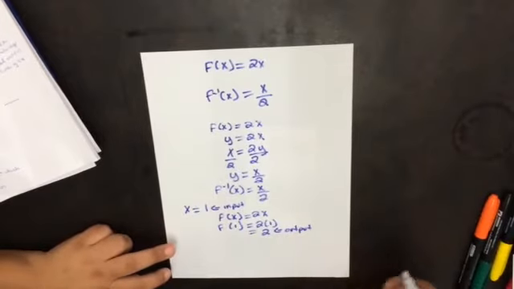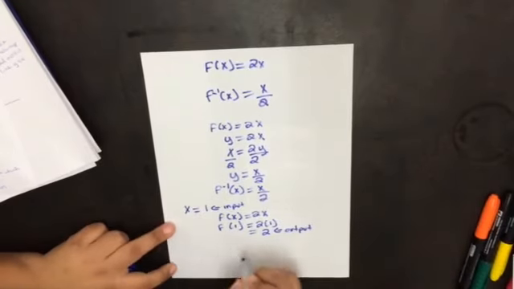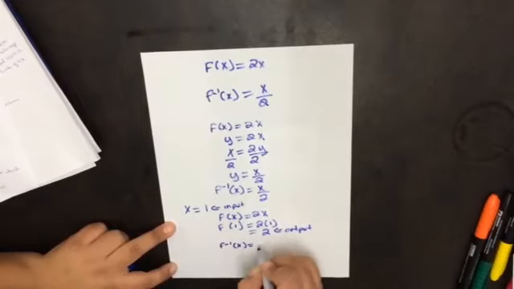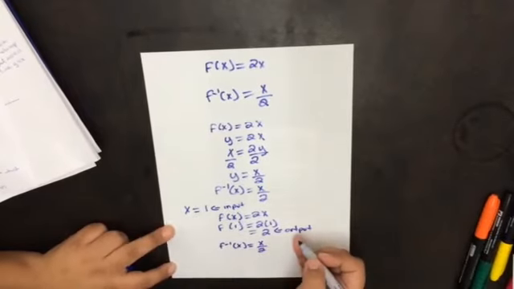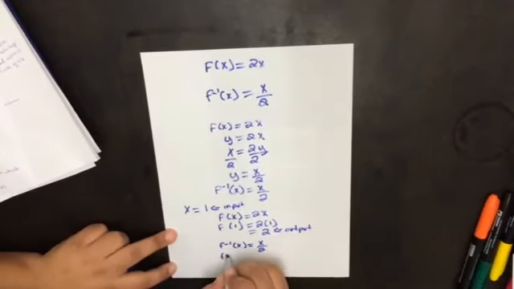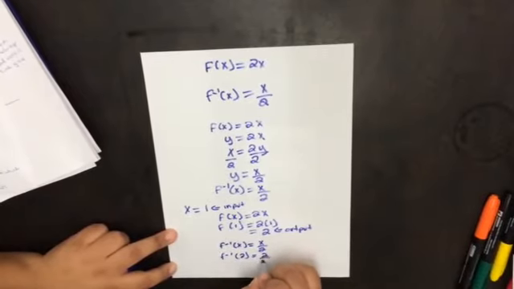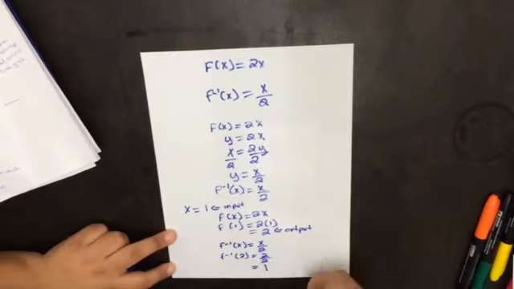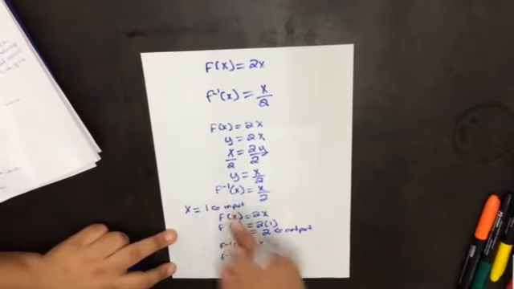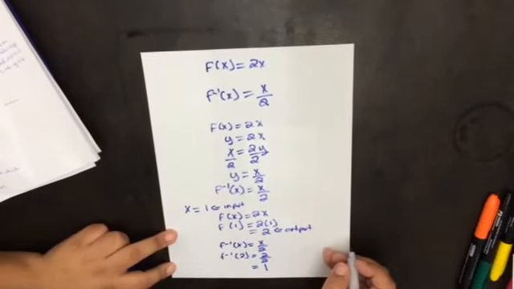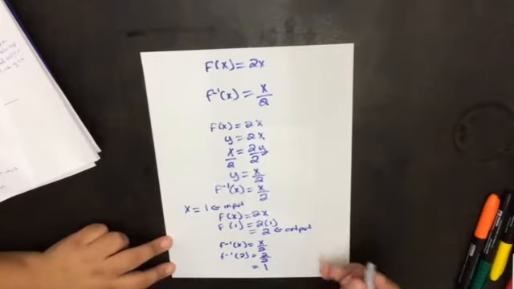So now for the inverse function, if we plug in the output, we should get the input. So we have the inverse function, which is x over 2. Our output was 2, so the inverse function, when x equals 2, is going to give us 2 over 2, which is 1. As you can see, we got the input back. So the inverse function does undo the original function.